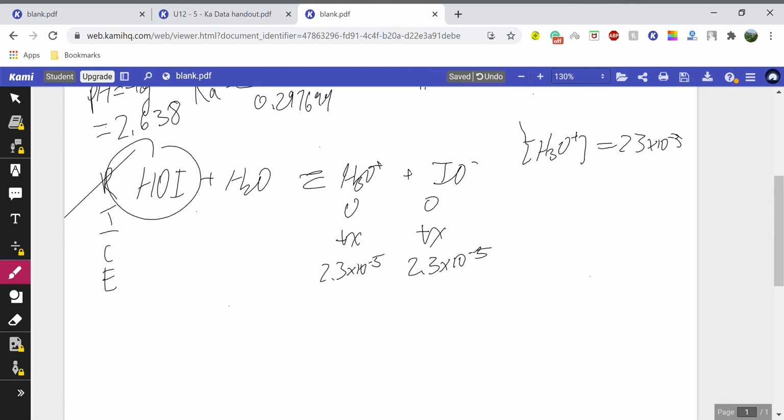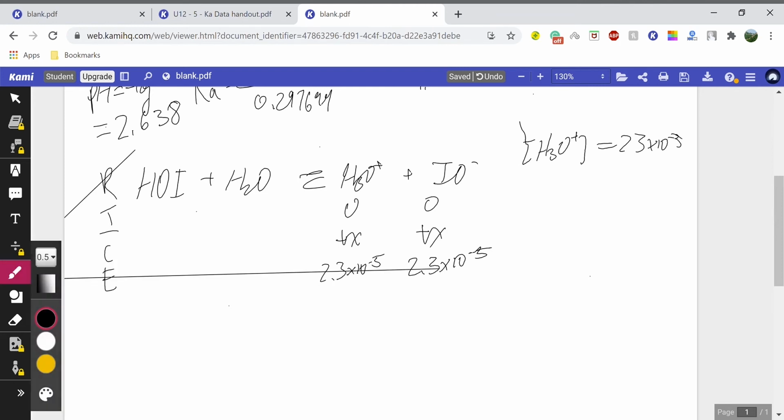Now, for the HOI, let's not use x, let's just say minus a, and the products are plus a. And what is a? A is this. So the equilibrium is x minus a, where a is 2.3 times 10 to the negative fifth. Now we can use our Ka that we're given to solve for this.